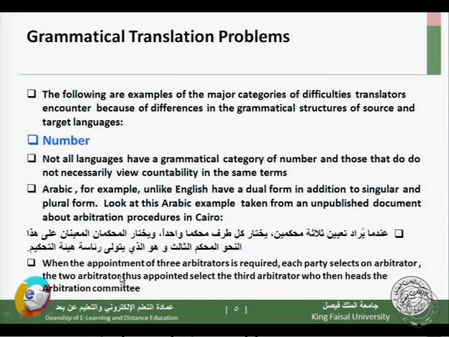The 2 arbitrators, as thus appointed, select the 3rd arbitrator, who then heads the arbitration committee. This is just an example about the importance of numbers in translation. So you need to be careful.